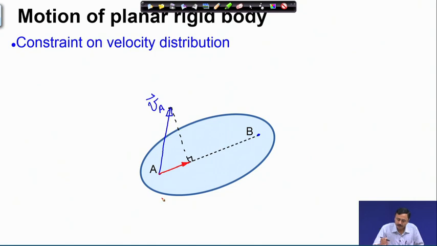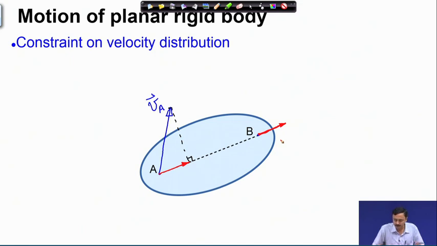Now, the velocity of point B in the direction of AB must remain the same, which means this must be the velocity of point B in the direction of AB. Mind you, I am not saying this should be the velocity of B. This should be the velocity of B projected along AB.